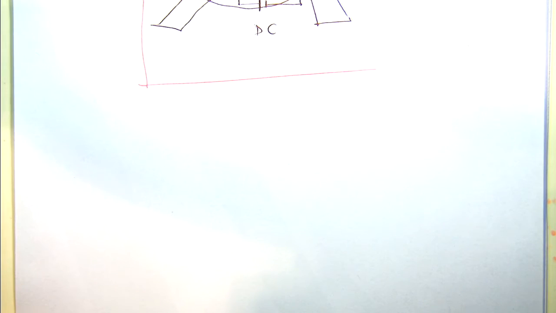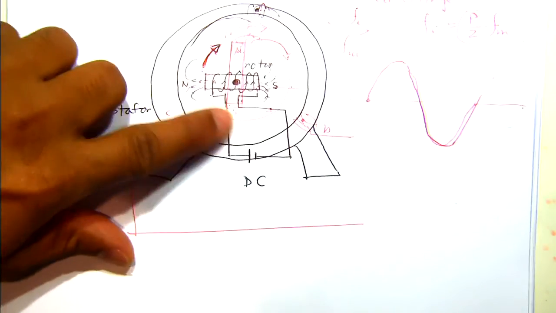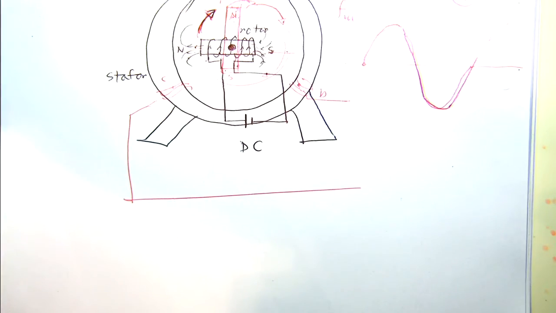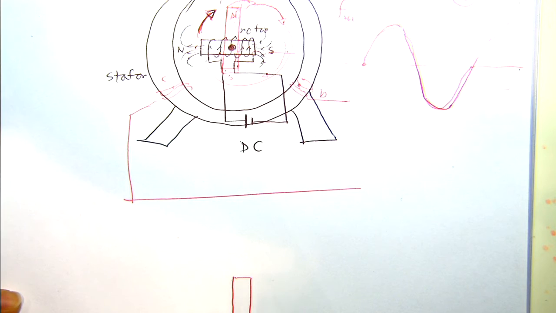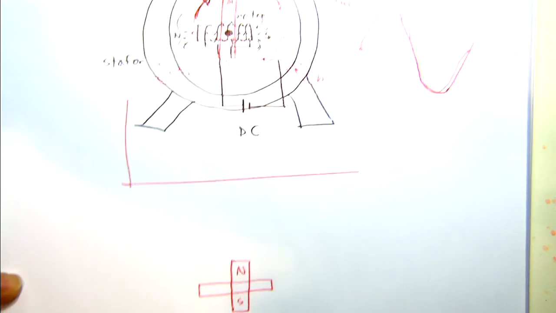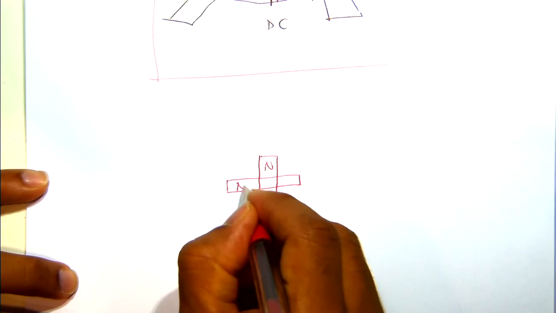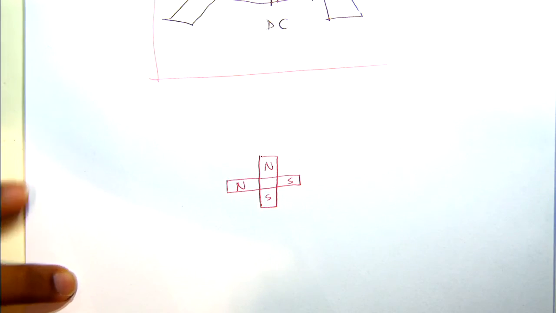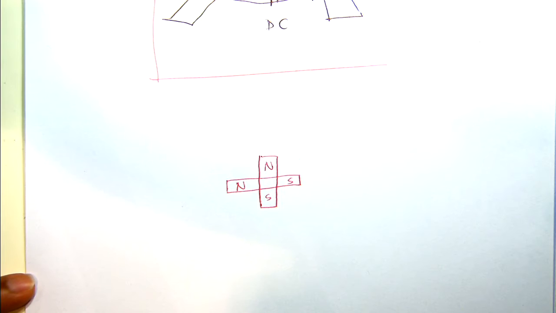Now, we have more. There is only one pole here. If the number of poles is more, I have one north and south here, and I have another north and south here. So this is a 4-pole machine, meaning 2 pole pairs.